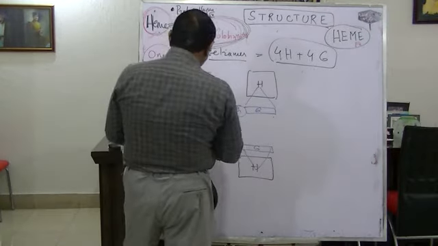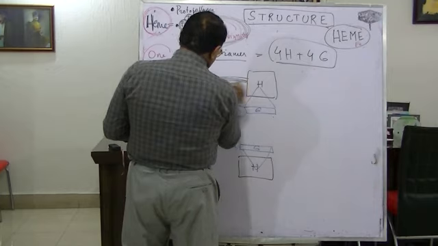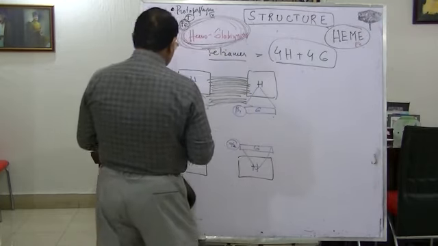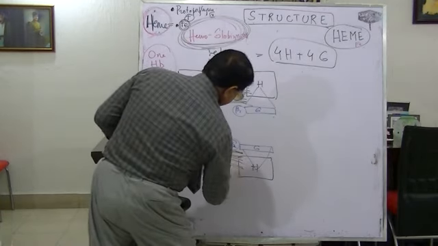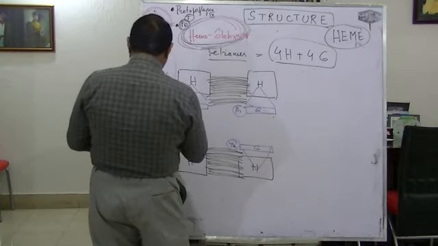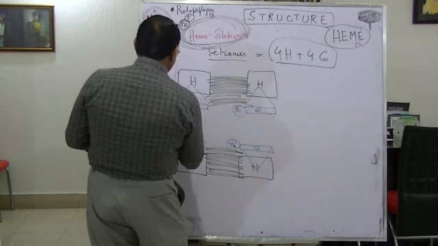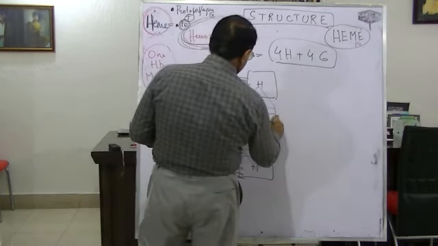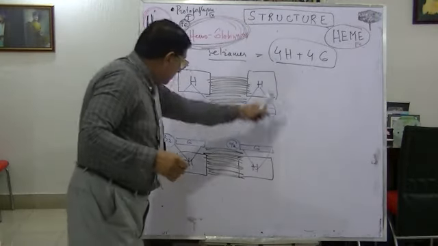Now, the attachment between alpha 1, beta 1 is very strong, stringent attachment. So this one is also strong, stringent attachment. But the attachment over here between alpha 1, beta 2 is a bit loose attachment. This is one hemoglobin molecule.